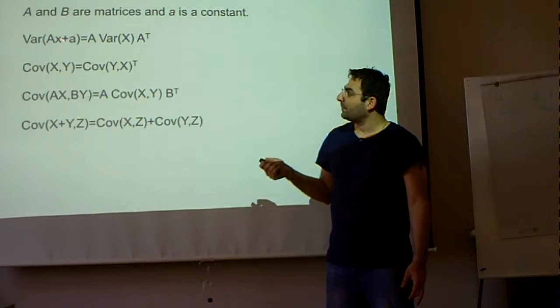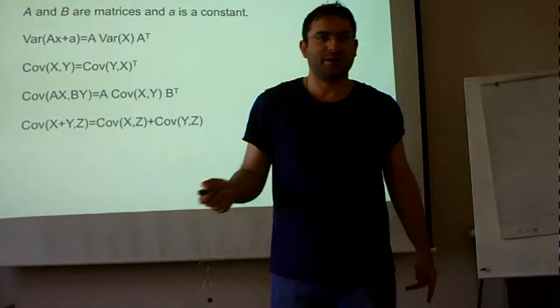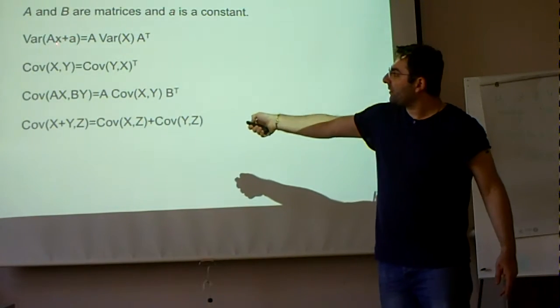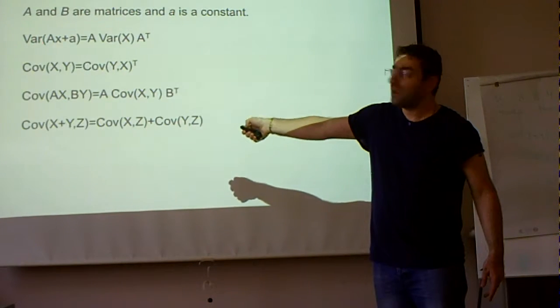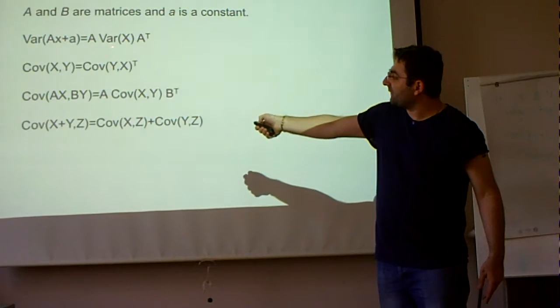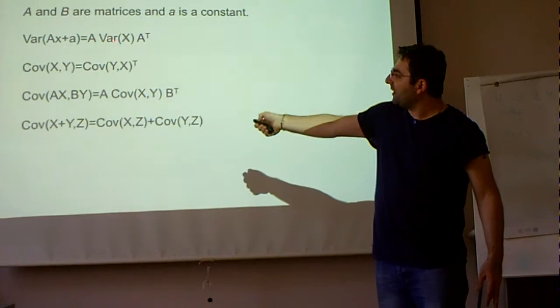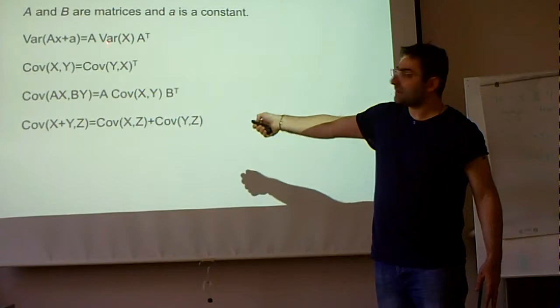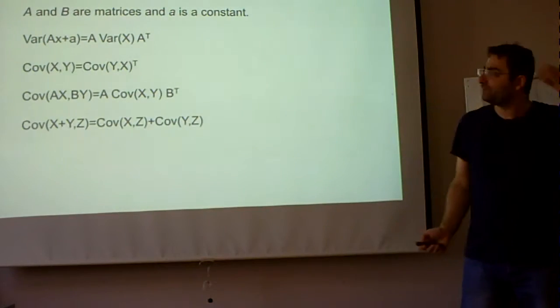Adding a number does not change anything in the variance or covariance, so ignore that one. But if we multiply our random variable by a matrix, the variance of the result will be A times the variance of x times A transpose.